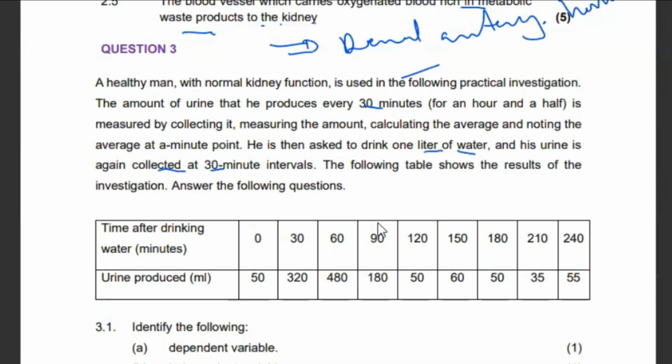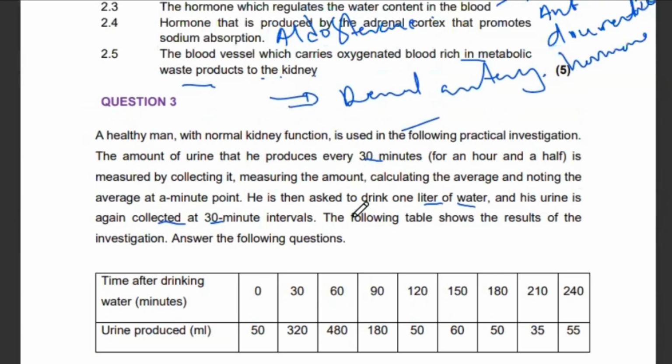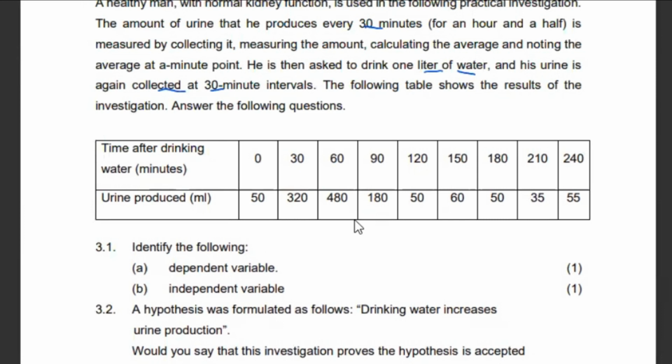Meaning that we need to look at how we control the amount of water in this human if there is excess of water. Number one, identify the independent variable. Identify the dependent variable. The dependent variable is going to be the production of urine, because time can't be dependent. Time cannot depend on anything.